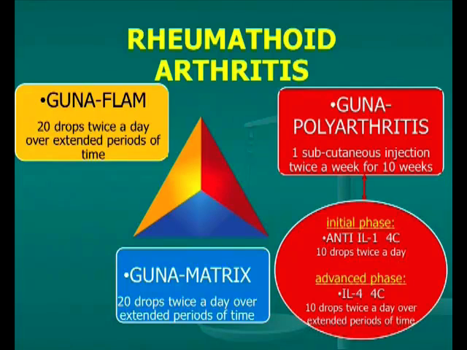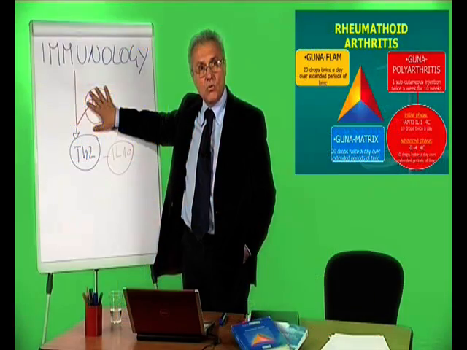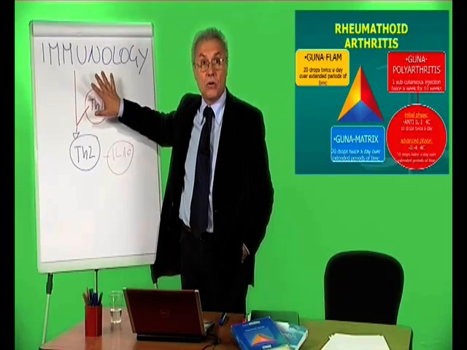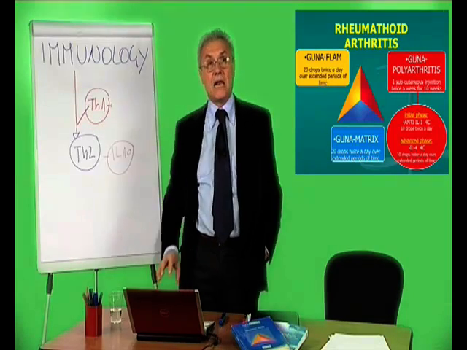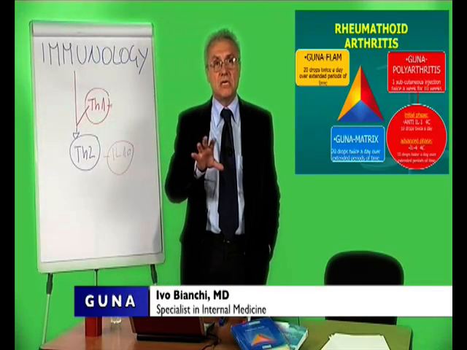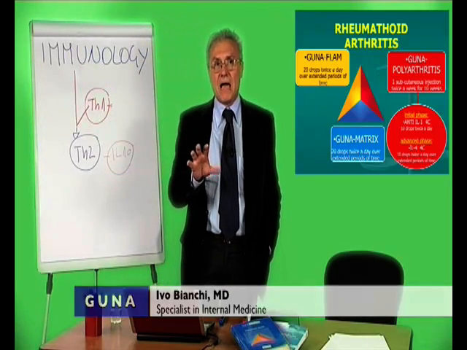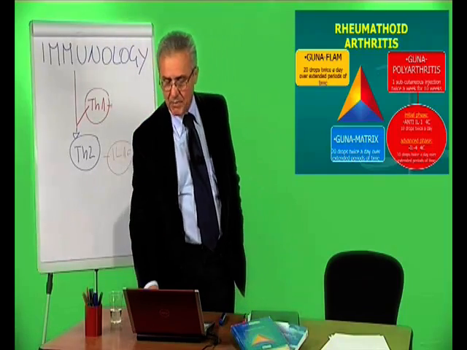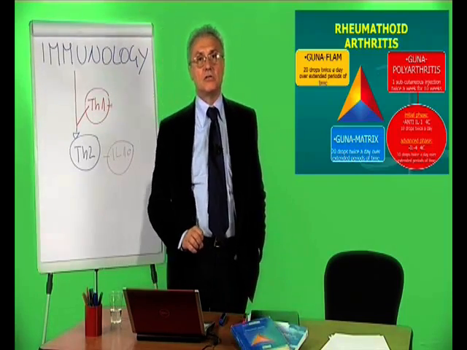If the rheumatoid arthritis is already in an advanced stage and there is already evidence of systemic symptoms, loss of muscle tissue, fever, and so on, it is no longer sufficient to give anti-interleukin-1 4C alone, which we shall certainly continue to administer. But we need to associate it with interferon gamma 4C, 10 to 20 drops again, twice a day, to stop the destructive pathogenic effects of the disease on a level with the bone.